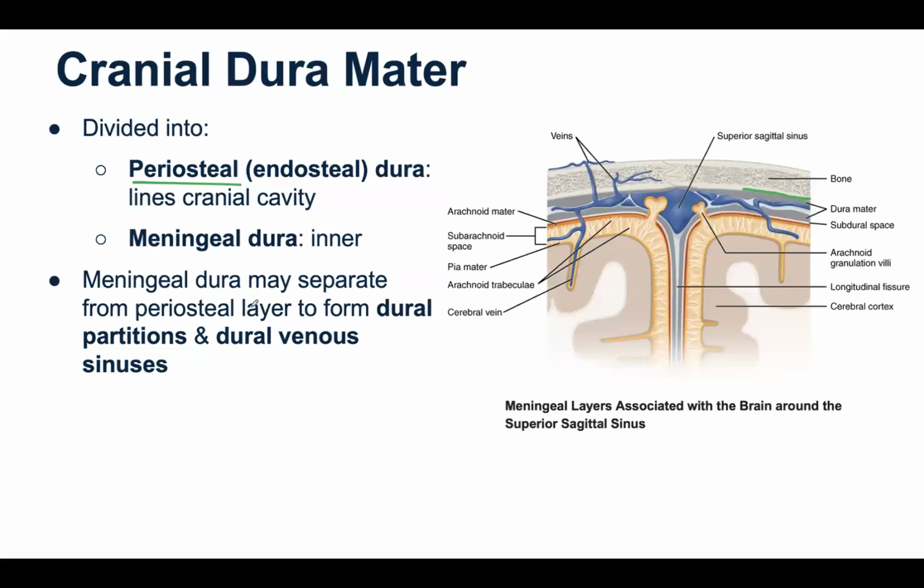The meningeal dura is going to be closer to the neural tissue, and it's very closely opposed to the arachnoid mater. And this meningeal dura can do some really interesting things. It can separate from the periosteal layer to form dural partitions, as well as dural venous sinuses. And we'll talk more about those in these upcoming slides.